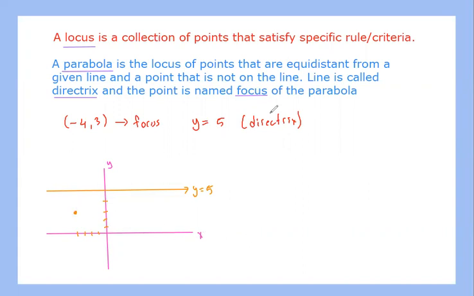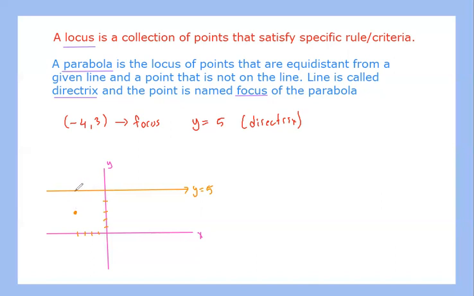Whenever you have the focus and the directrix on the coordinate plane, it is a bit challenging to decide what the curve will look like. One way to determine it is to find the focus, which is this point, and the directrix, and find the point right in the middle.